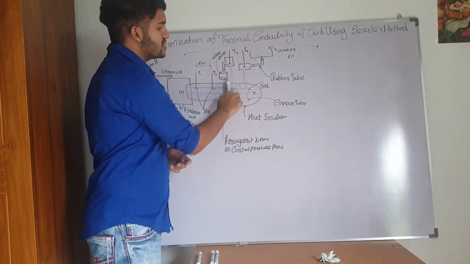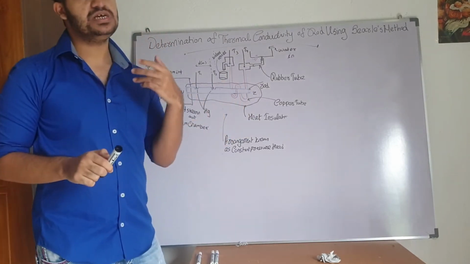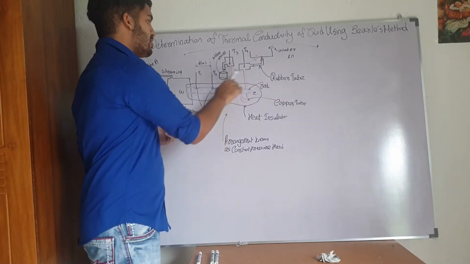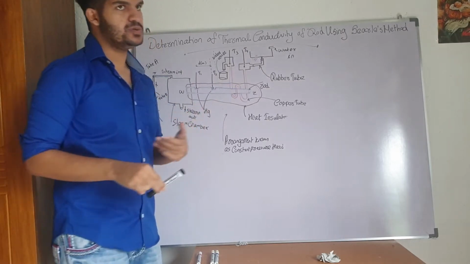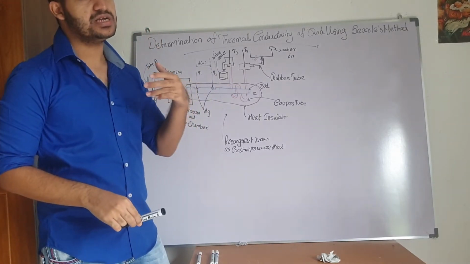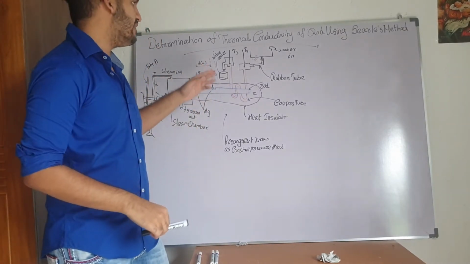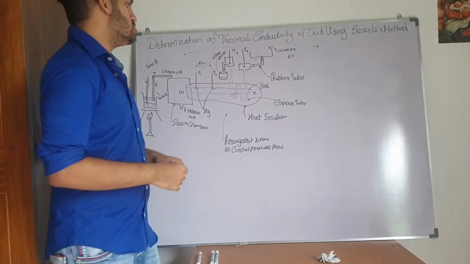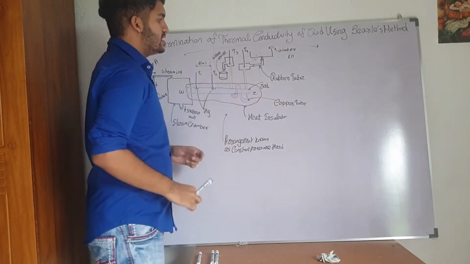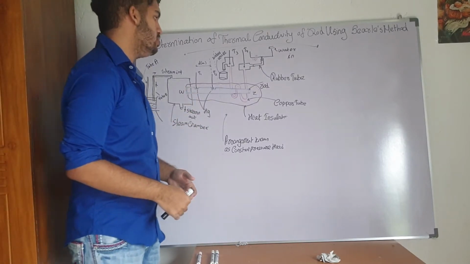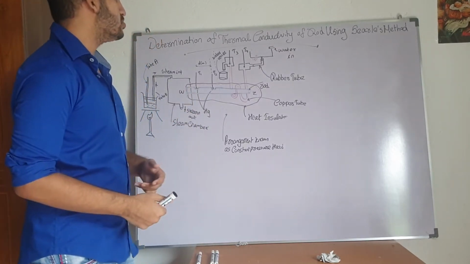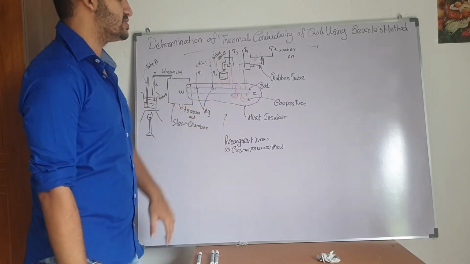This tube is a copper tube, so therefore it will be a good heat conductor for this water to be heated. When the water is heated up to a specific level, we can have a good experiment running. So we have this rod right here, and I'll explain to you what's happening in this apparatus.